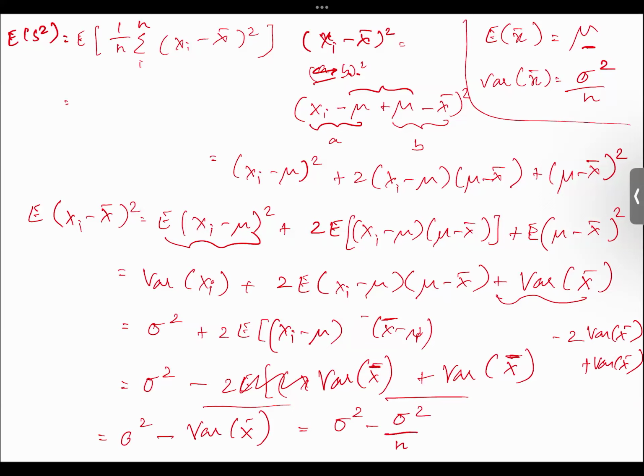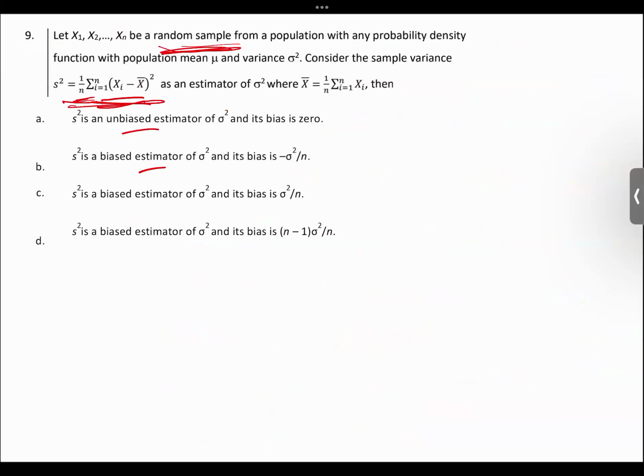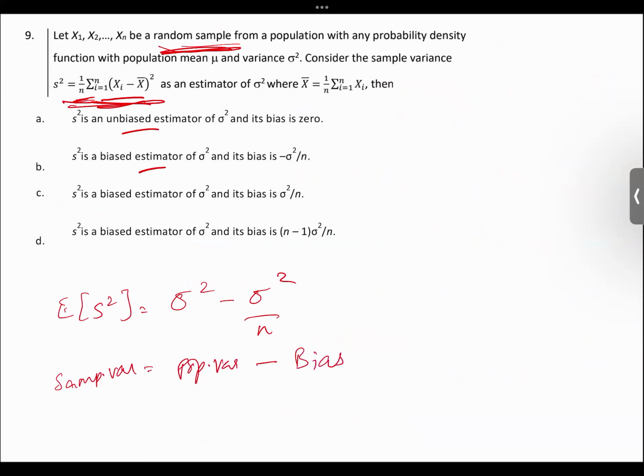If you look at this, now what do we have? Let's go back to the previous slide. Expectation of s square is equal to sigma square minus sigma square by n. So now your sample variance is equal to population variance plus some bias, but in this case our bias is negative. So bias is equal to minus sigma square by n. So S square is a biased estimator of sigma square and its bias is minus sigma square by n.